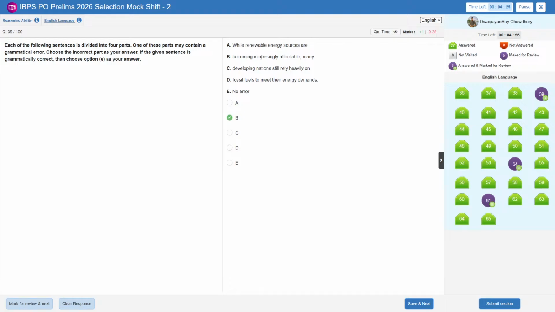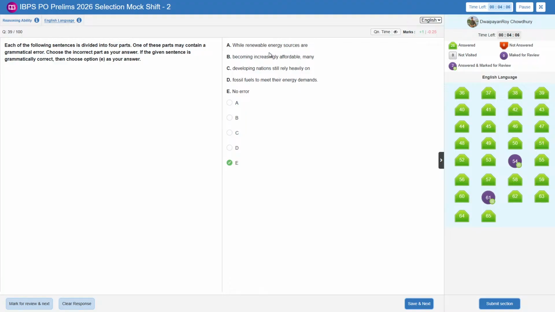It's becoming affordable. It's an adjective, so increasingly affordable. Doesn't sound natural to me. Becoming increasingly affordable. I mean, structure-wise there's no issue, but okay, I'll just go with it.